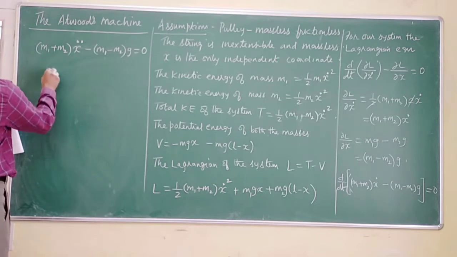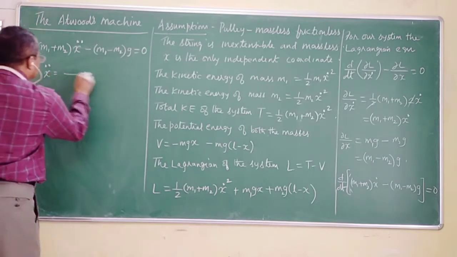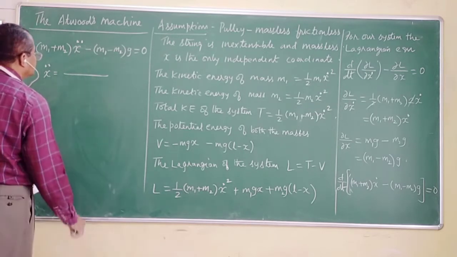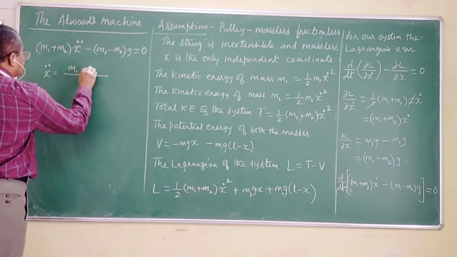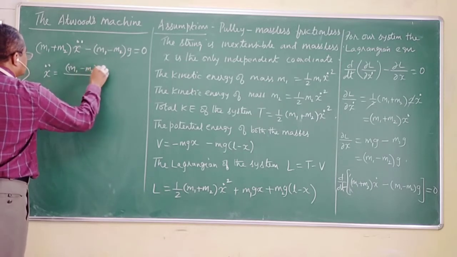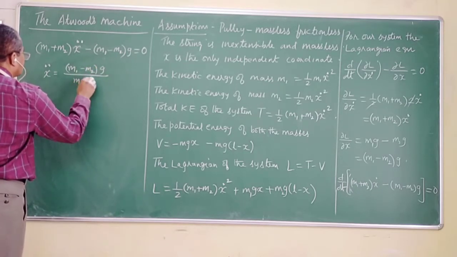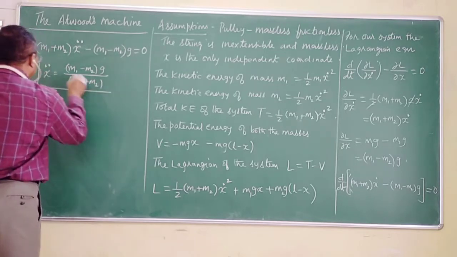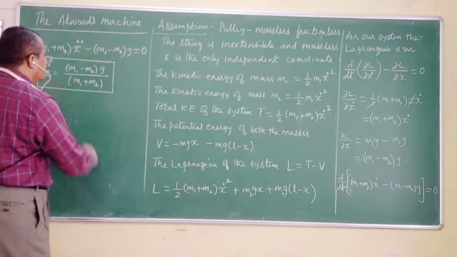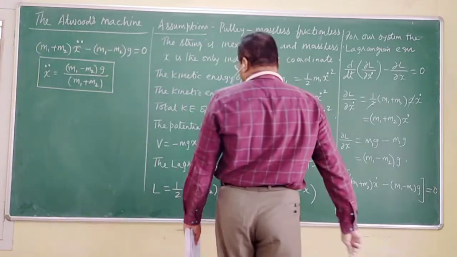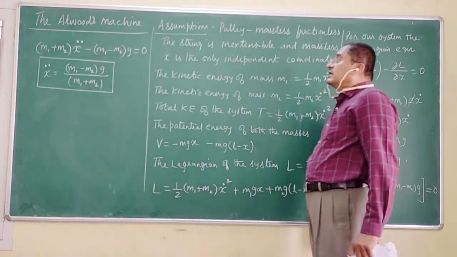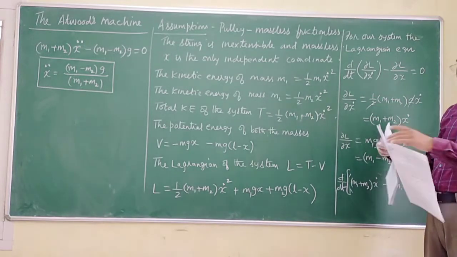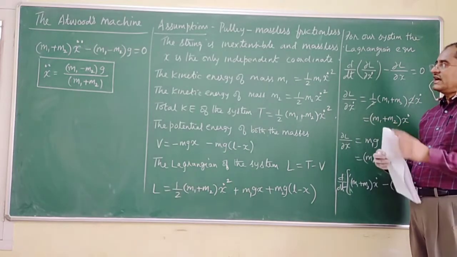We want x double dot. This will be m1 minus m2 into g upon m1 plus m2. That is the equation of motion of an Atwood machine.